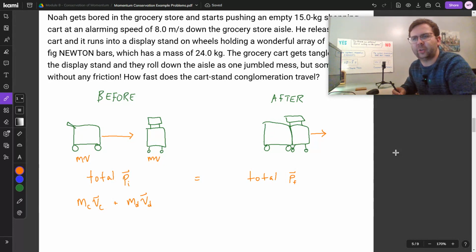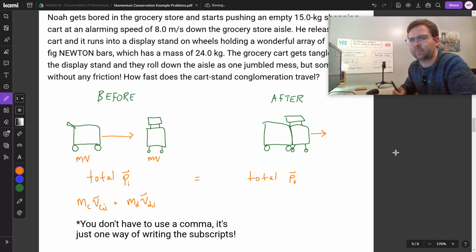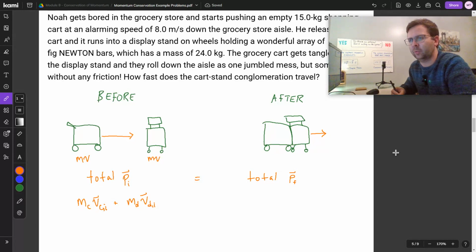I should distinguish that these are the initial velocities rather than the final velocities, so I can write in my subscripts a little comma and say the initial velocity of the cart and the initial velocity of the display stand. The masses don't change, so I don't worry about putting in the initial symbol for the mass.